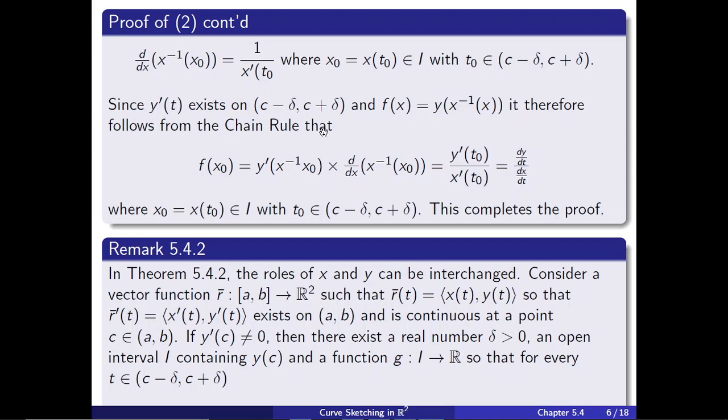and it therefore follows from the chain rule that f prime of x naught is going to be equal to y prime of x inverse of x naught times the derivative of x inverse of x naught, and that's just equal to y prime of t naught over x prime of t naught, where x naught is equal to x of t naught, and t naught is on the interval, and this completes our proof.